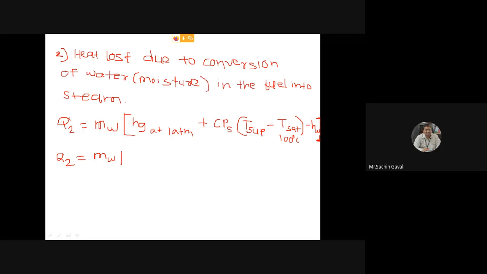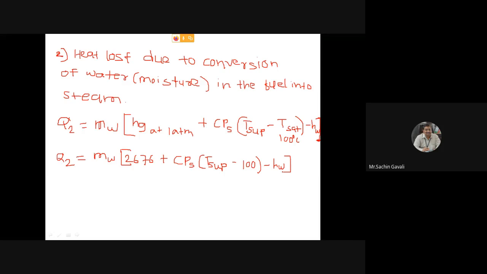Q2 is MW into bracket: hg at 1 atmosphere is 2676, plus CPS, the specific heat of steam at constant pressure, into T sup, the temperature taken from the numerical, minus T sat, which here will be 100, and minus HW, the enthalpy of feed water or moisture.